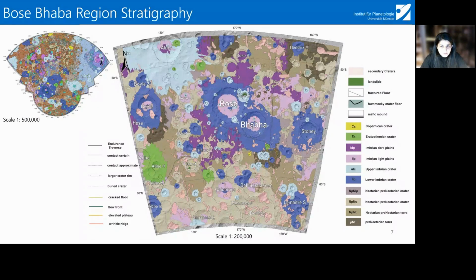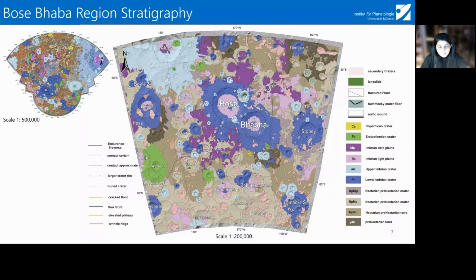The Bhabha-Bose region, as I said, is considered the center of the SPA basin. Here we see a lot more complexity in geology. We see highland material, like Nectarian, pre-Nectarian material.